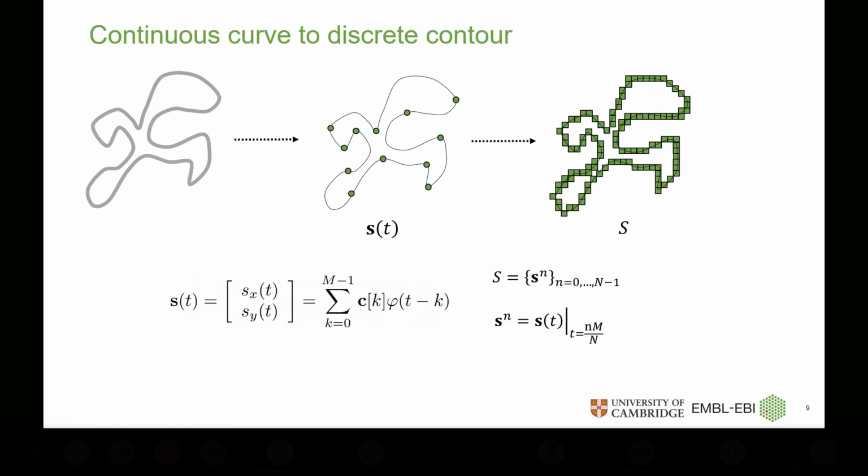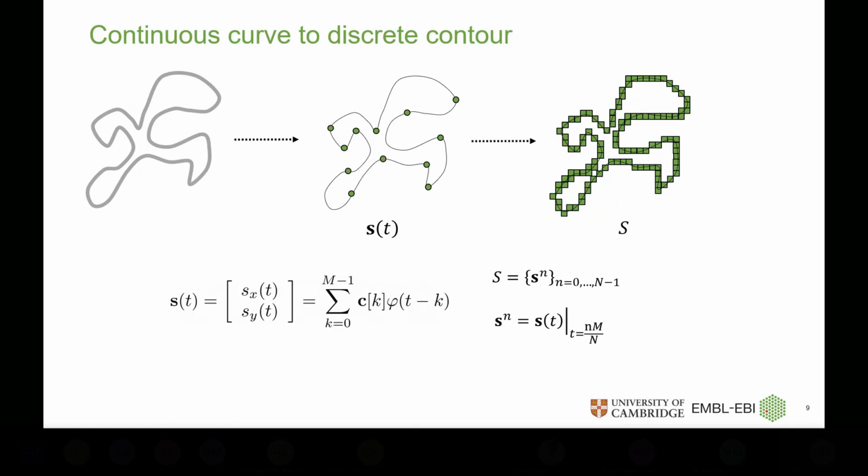Now, the other reason that we need to construct this discrete contour out of the continuous representation is that the set of control points that one can generate to model a shape is not unique. You can very well obtain another set of control points that could model the same shape.